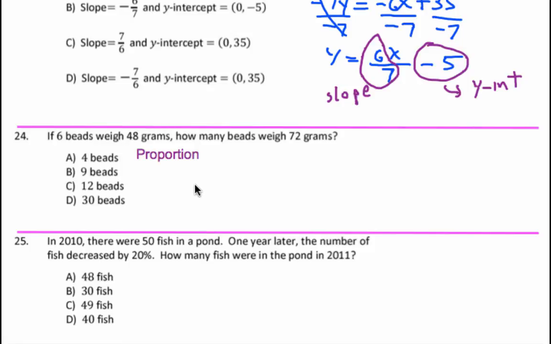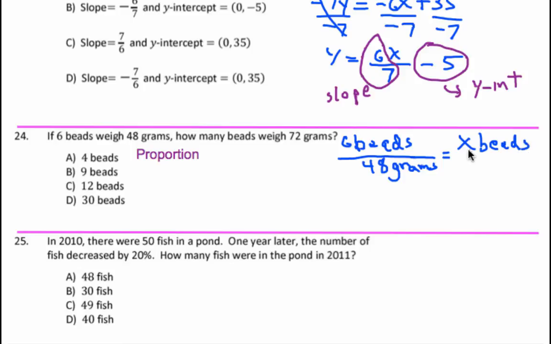So you set up a proportion as follows. You say that 6 beads is to 48 grams as, they say how many beads, so this will be our variable, x beads are to 72 grams.